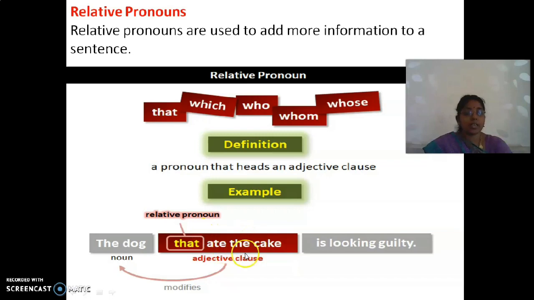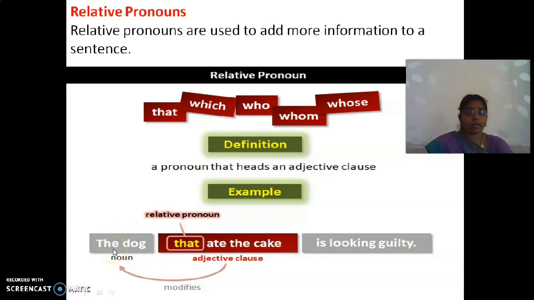The dog that ate the cake. So, this adjective clause modifies the noun. That is a relative pronoun. That refers to whom? That refers to dog only. The dog that ate the cake. Who ate the cake?